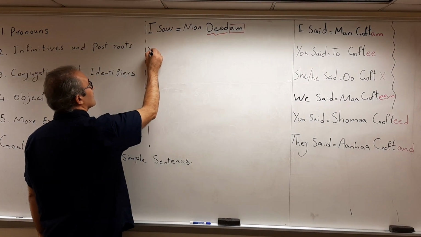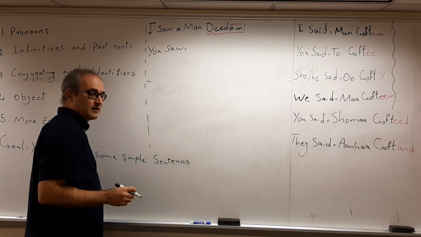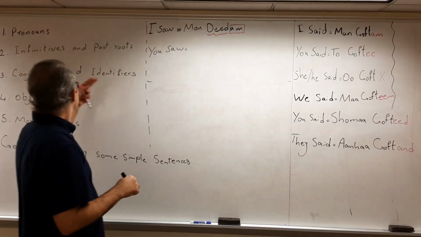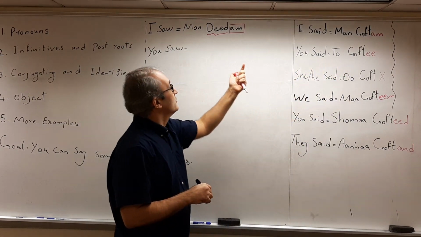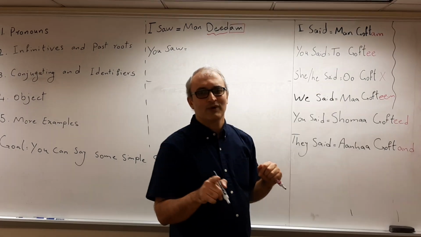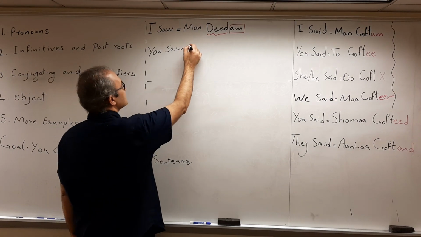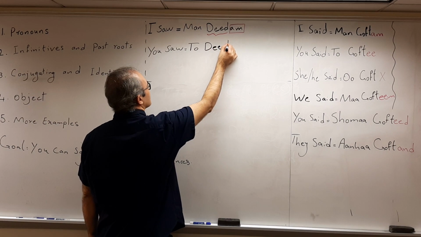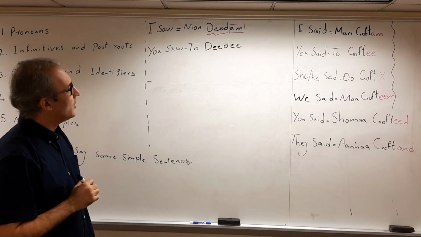Okay, you saw. Think about that, please. You is to. The root is did and the identifier is e. To didi. You saw. To didi. Okay.